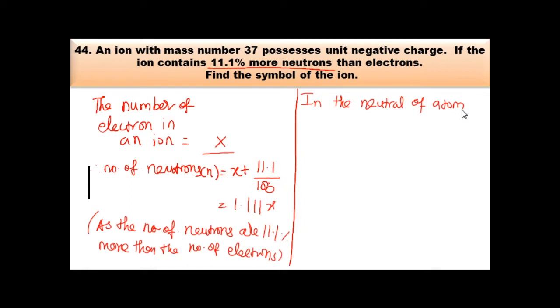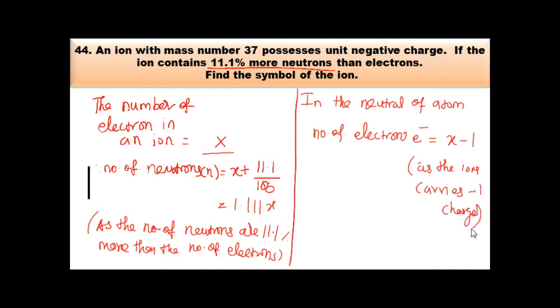So the number of electrons in the ion equals X, and the number of protons equals X minus 1, because the ion is carrying a minus 1 charge. Similarly, as I already told you, in a neutral atom the number of electrons is equal to the number of protons.